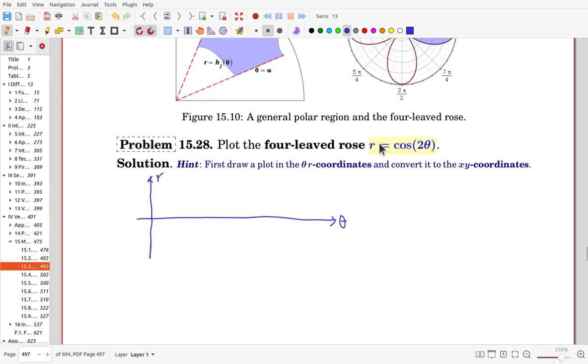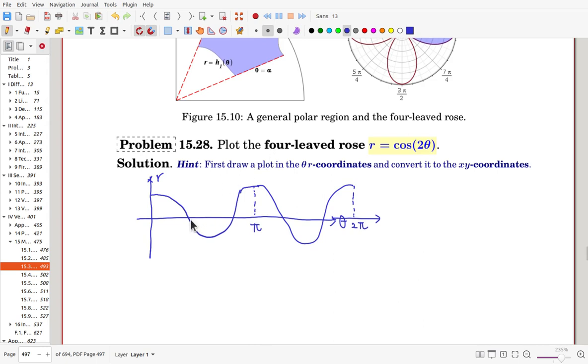Once theta is 0, r is 1, and then it goes down and up. This is one cycle, and now it goes down and up again. Here this position is 2 pi, and the center is pi.